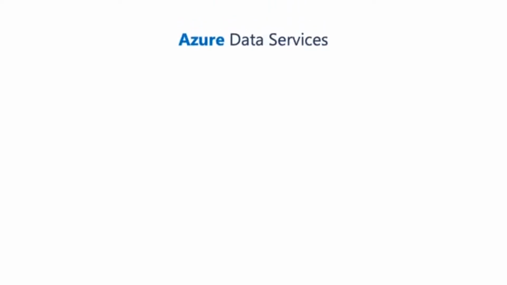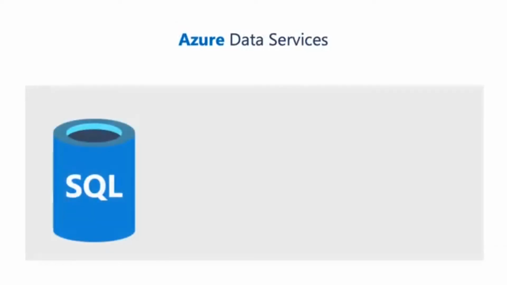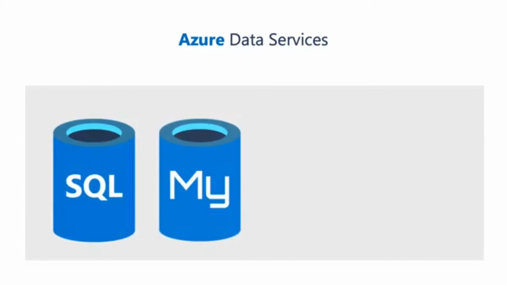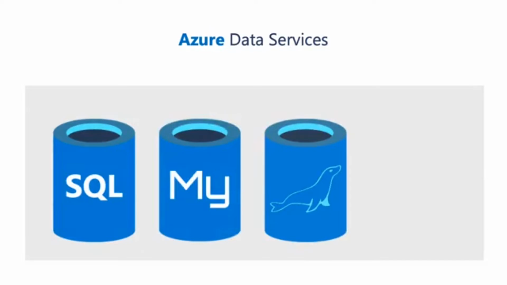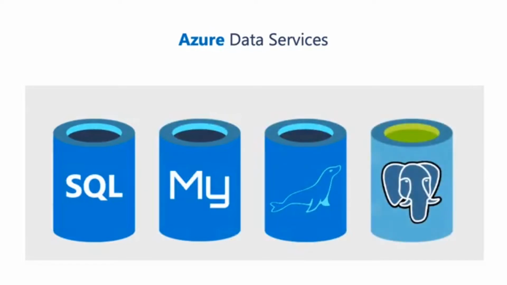Azure Data Services are available for several common relational database management systems. The most well-known service is Azure SQL Database. The others currently available are Azure Database for MySQL servers, Azure Database for MariaDB servers, and Azure Database for PostgreSQL servers. The remaining lessons in this section will describe the features provided by these services.